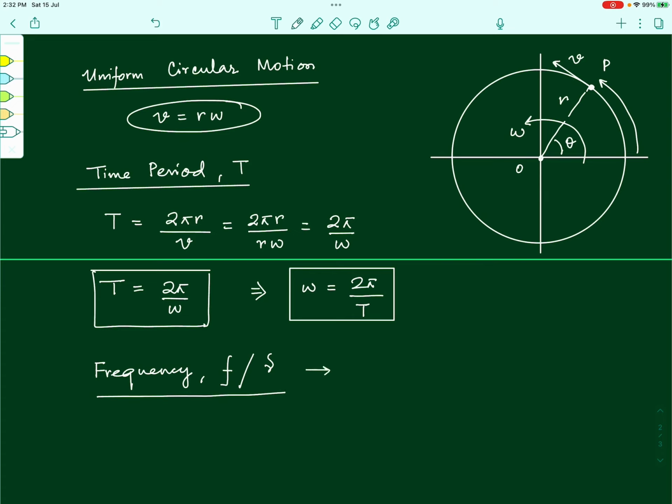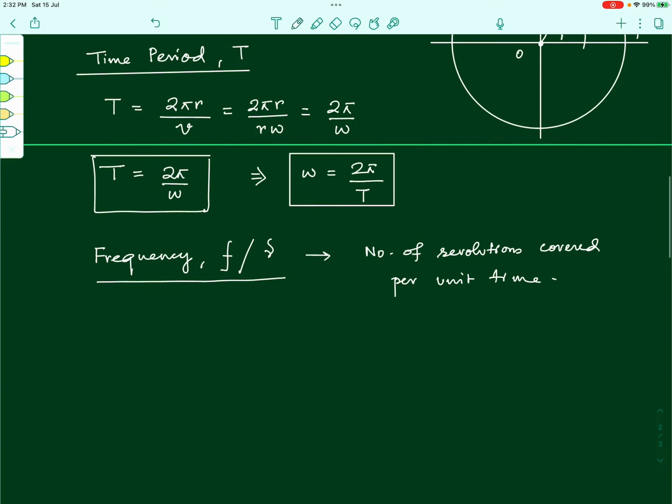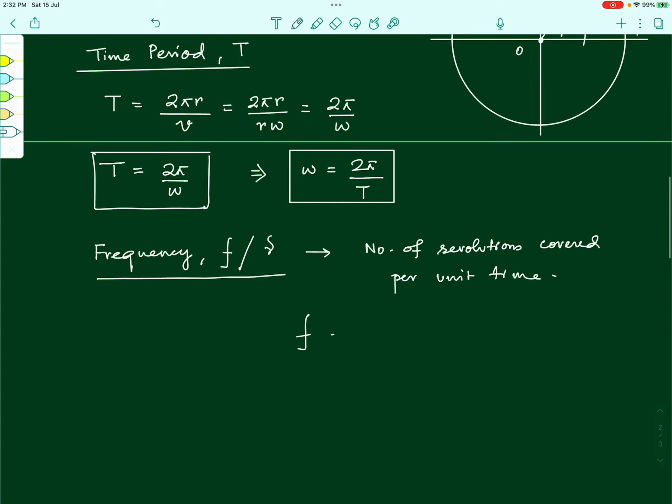Frequency is the number of revolutions covered per unit time by a body. So, frequency by definition is, let us say n revolutions are covered in a time t, then n by t will be the frequency.